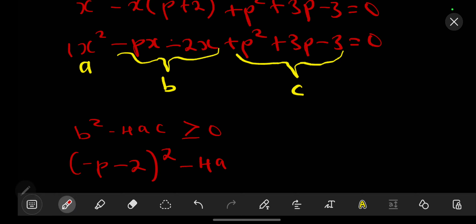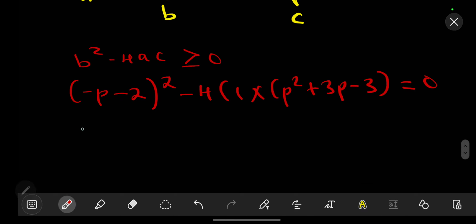Our a value has got the coefficient of 1, so we put 1 times, that's our a, times our c, which is p squared plus 3p minus 3, which should be equal to 0.